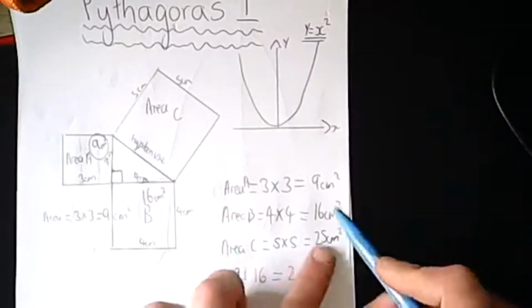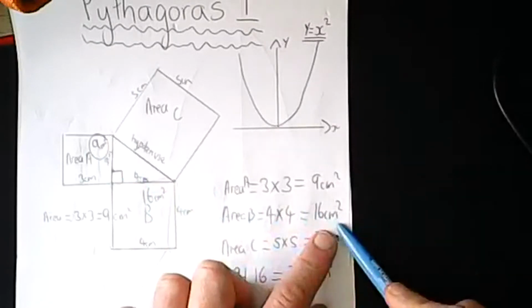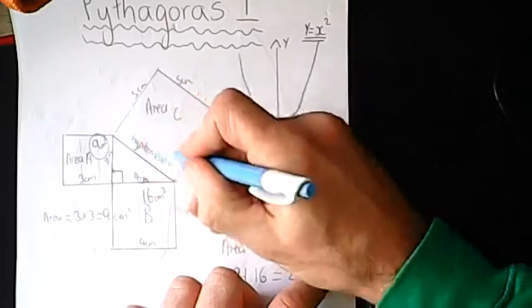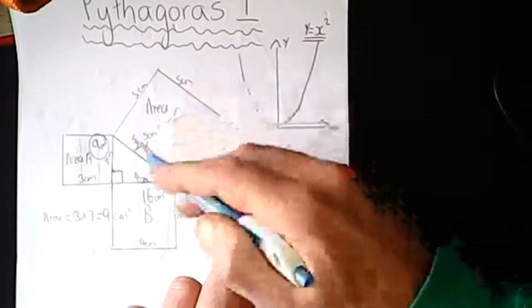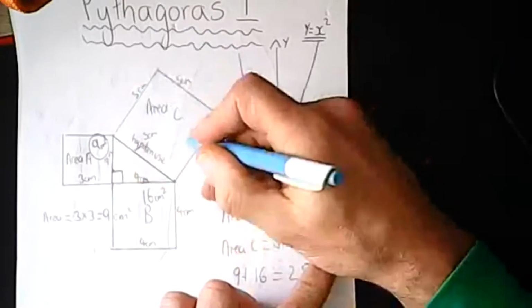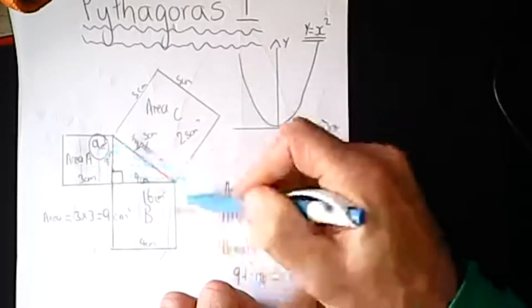So the connection is this: if we've got the 9 and the 16 and we add them up, we make 25. But what we know is that this is 5 centimeters and this is 5 centimeters, and so that makes an area of 25 centimeters squared, which is the same as this and this added up.